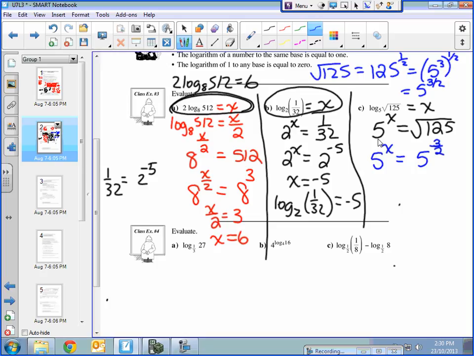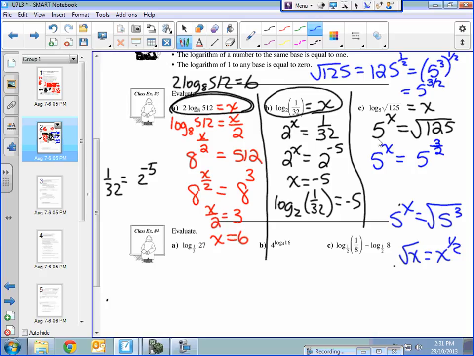Because we want this 5 to an exponent. Because if you have a square root, it would be the square root of 5 cubed, right? You can't set your exponents equal to each other here because of that square root. So you don't want to do that. So a square root of x is equal to x to the 1/2. You just have to remember that.